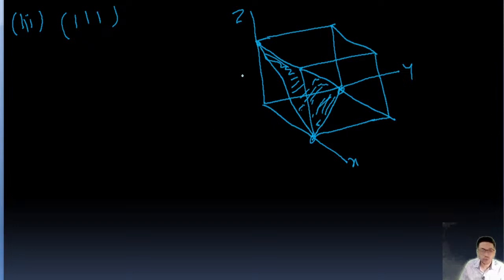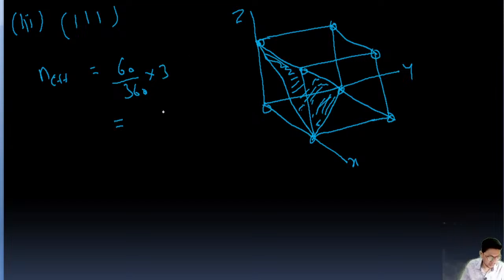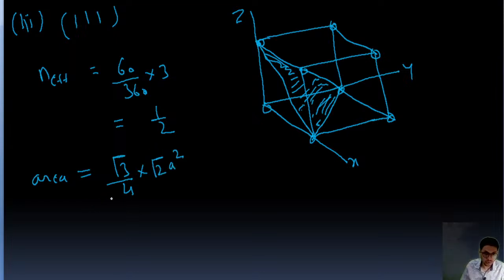So for this, n effective, with the corner atoms, is 60 upon 360 into 3, so this is going to be 1 by 2. The area is going to be root 3 by 4 into (root 2 a) square, so this is root 3 by 2 a square.